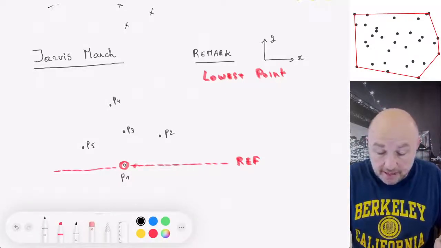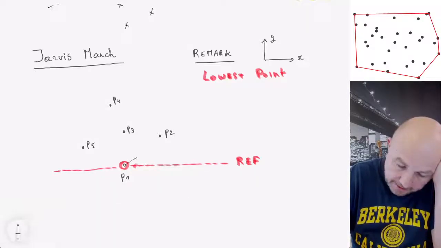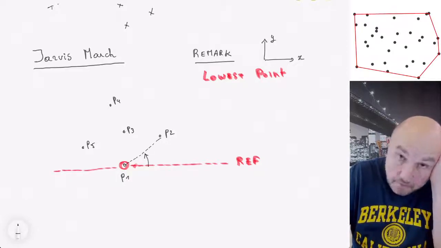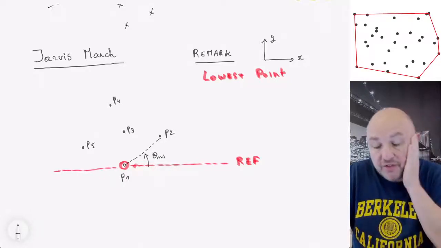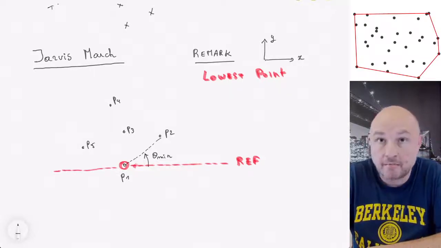Let's now look at angles, and look at the point that forms the minimum angle with respect to the first reference line.